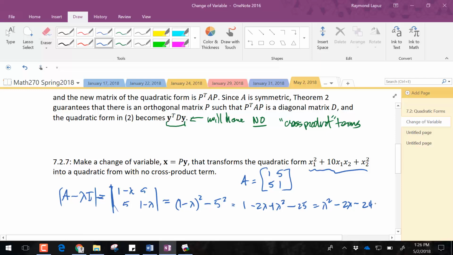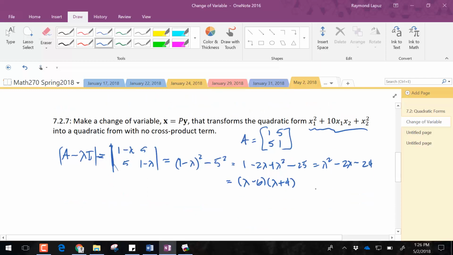So two things that multiply to 24 and add to negative 2: 6 and 4, and one of them's negative. So lambda minus 6, lambda plus 4. So we have our solutions, so we have our eigenvalues. Let's call lambda 1 equal to 6 and lambda 2 equal to negative 4. Okay. Did we do that right?